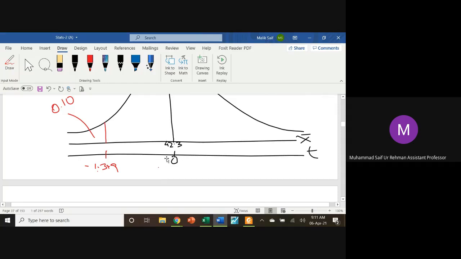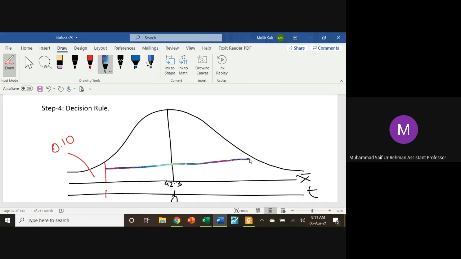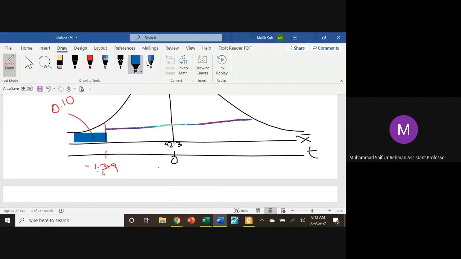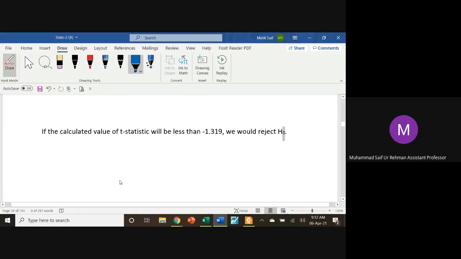Similarly, -0.9 will be near to 0. So this is the rejection region, and this whole part is the acceptance region. If your value is less than this value, let's say -2, you will be in the rejection region. Fine.